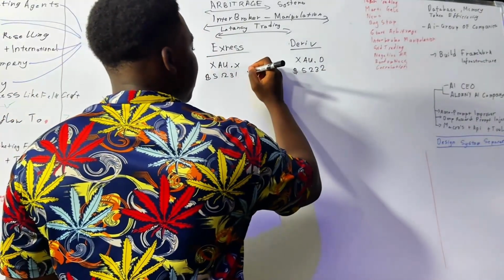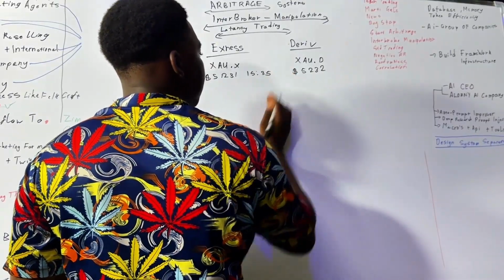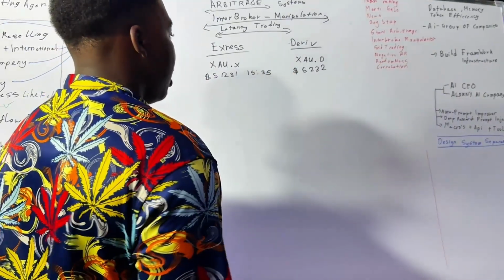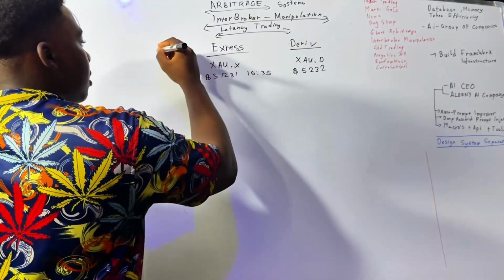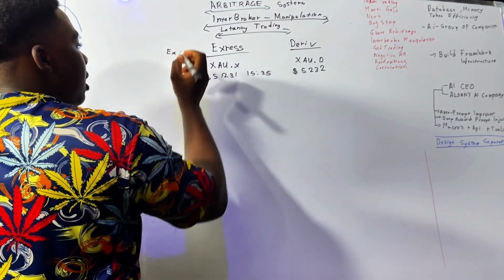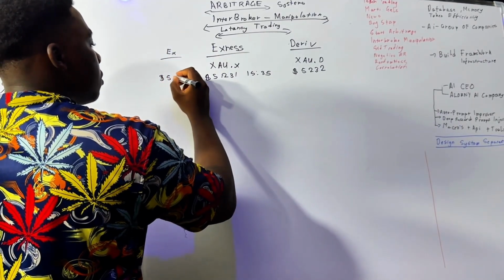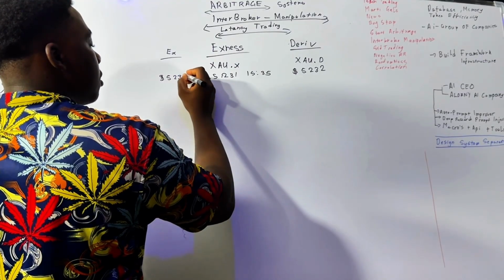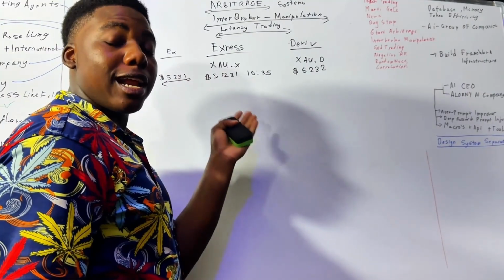Okay, there's going to be, let's say, at 1535. The real exchange, where these guys get their data, I'm going to call it EX, is going to be 5,231.